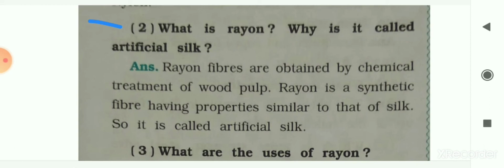So it is called artificial silk. Rayon is an artificial fiber obtained from chemical processes on wood pulp, and some of its properties are similar to silk. So it is known as artificial silk, as it is an artificial fiber.